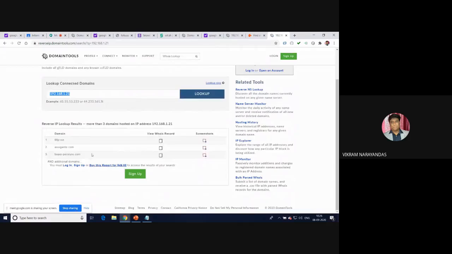Now I can get it. So these many websites are hosted on the same server. You can find the record here. If someone has created a job portal, you can collect some information from that here. You can collect the reports.